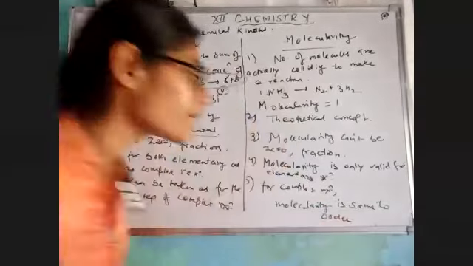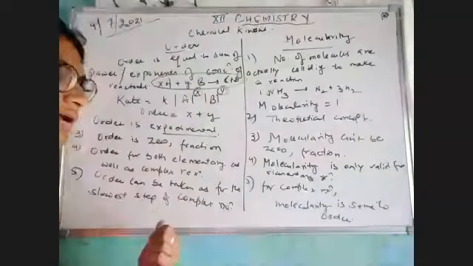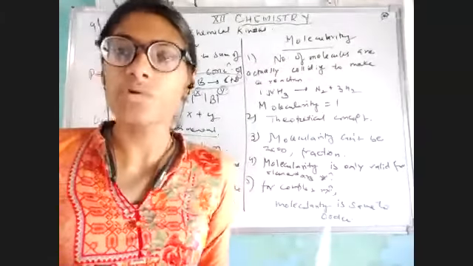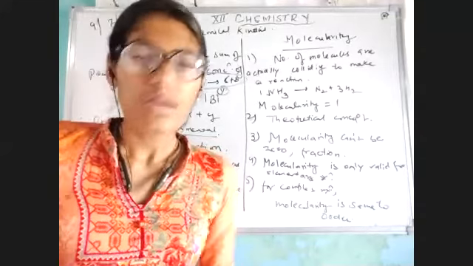Because in a complex reaction we cannot determine molecularity, but we can determine order. So we would say that molecularity is the same as the order, because we cannot determine molecularity for a complex reaction. Clear?